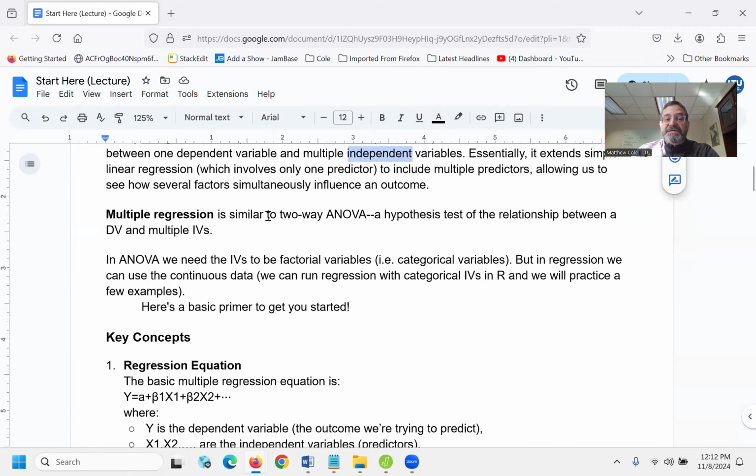Multiple regression is similar to the two-way ANOVA that we previously learned, which is a hypothesis test of the relationship between a dependent variable and multiple independent variables. In ANOVA, we needed the independent variables to be factorial variables, that is, categorical variables.